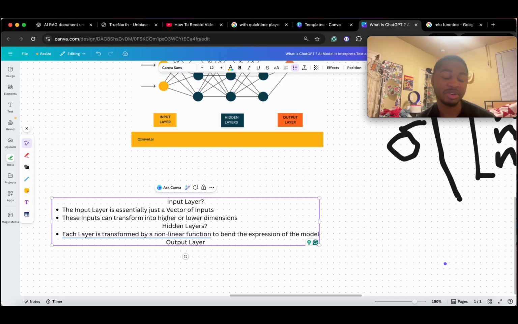Let's just say I showed you a picture of a cat, right? Now, if we were to think linearly, we'd just be like, okay, this is a cat. It's a brown cat. Nothing beyond the fact that it's a cat. But to think non-linearly, it's to be like, okay, this is a cat, but why is this a cat?